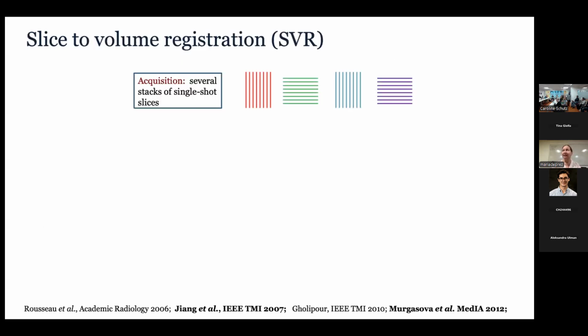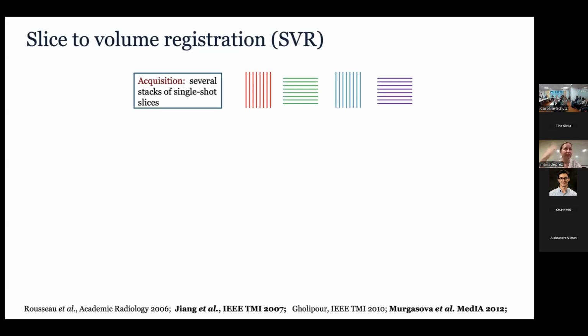All right, so this is the very basic of how this motion correction works. This idea comes from François Rousseau and Colin Studholme. They were the very first ones who tried to do that. So we have stacks of slices in several different directions, and that was kind of an obvious thing to start with, because that's what they acquire clinically, right?